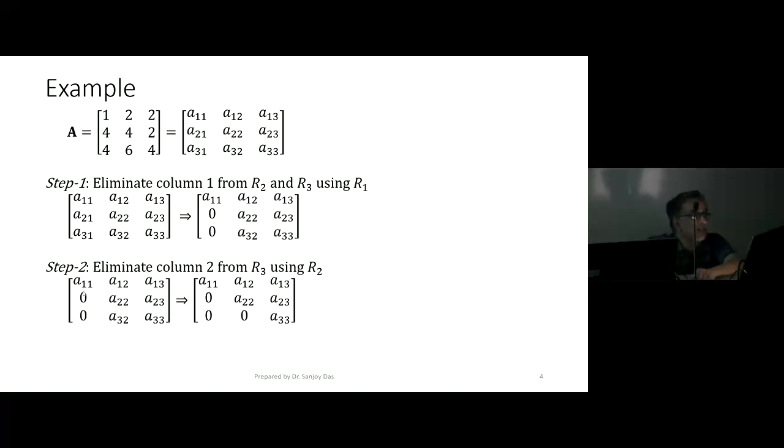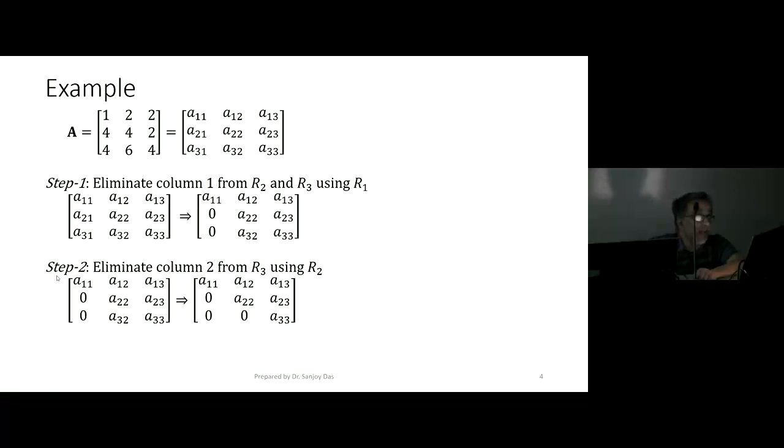And then step 2, we eliminate column 2 from row 3 using row 2. So here's what I mean. I use R1 to eliminate column 1, that is, to convert these 4s to zeros in the second and third row, and I use the first row.